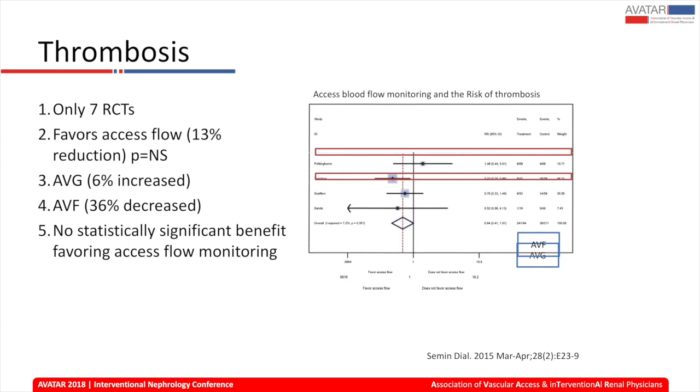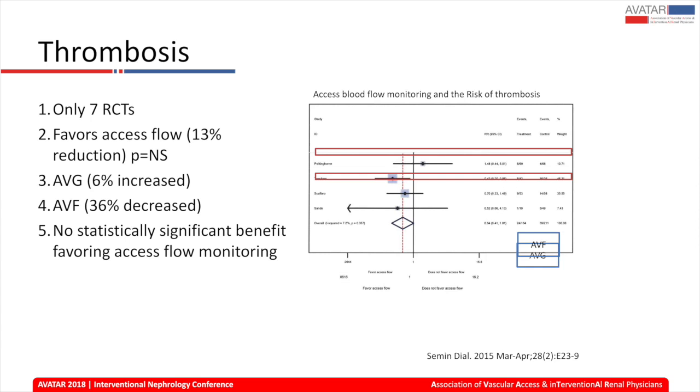So if you go by the available literature till now, it doesn't favor surveillance, especially in the grafts. The available literature says that if you're using an access flow surveillance methodology, it may not actually decrease your thrombosis risk at all. Okay, in fistulas, it does show that it helps.